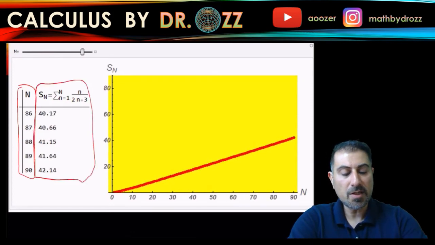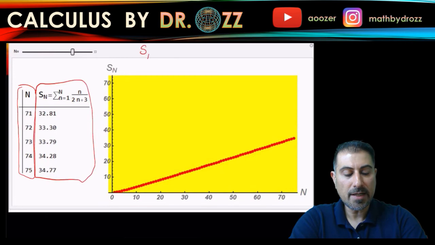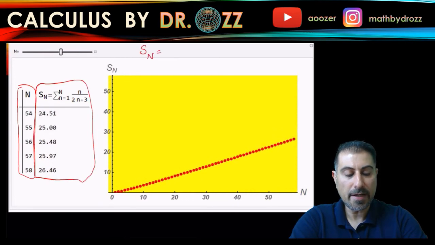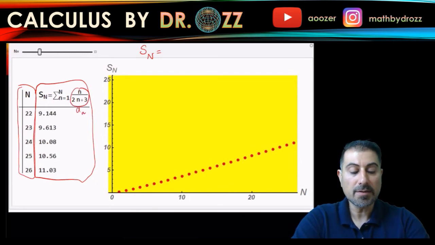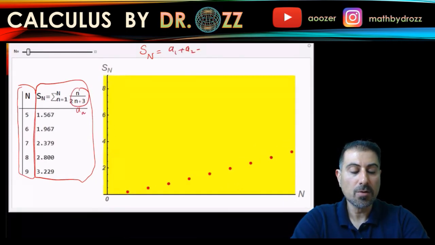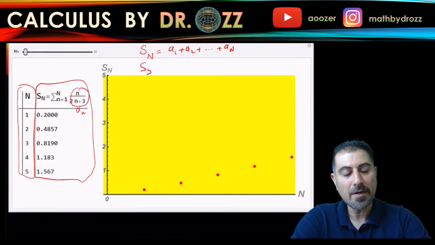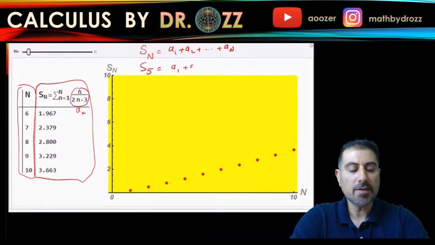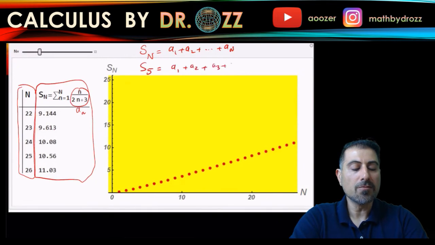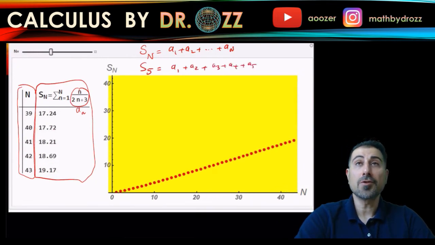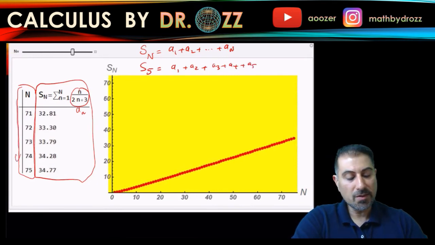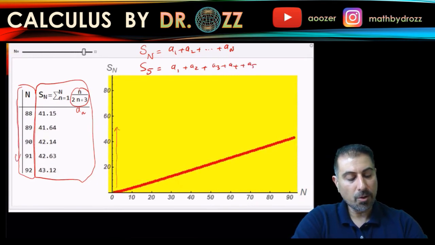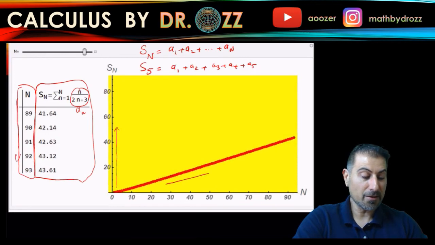Partial sum means that if you have Sn, and this is the n-th term of the series, it's A1 plus A2, dot, dot, dot, all the way to An. So when I say, let's say S5, all I'm doing is taking the sum of the first 5 terms in the sum, okay?